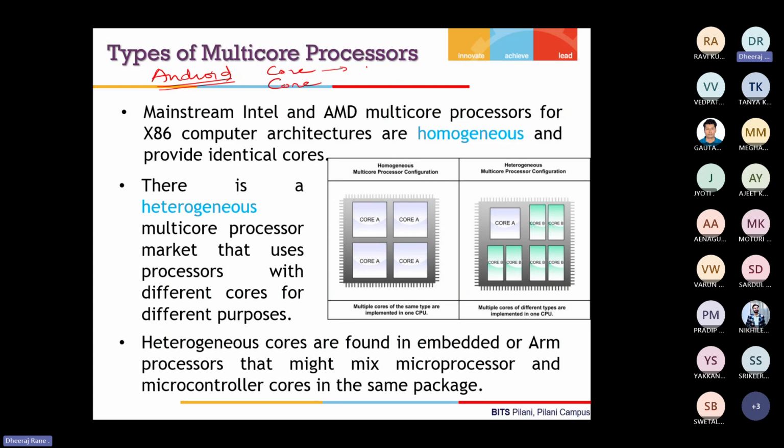We'll find that one core is operating at 3.1 gigahertz and another at 2.8 gigahertz. I forgot to include a snip of the mobile specification, but this is very common.